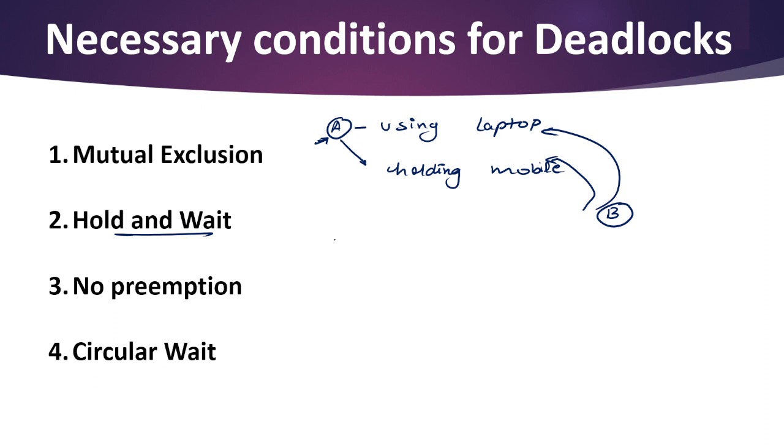So this is the hold and wait situation. A process is holding at least one resource at a time, and it is waiting to acquire other resources held by some other processes. Right? This is hold and wait.